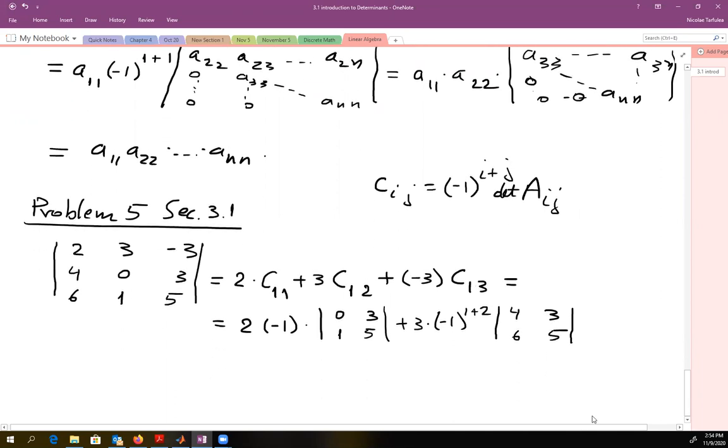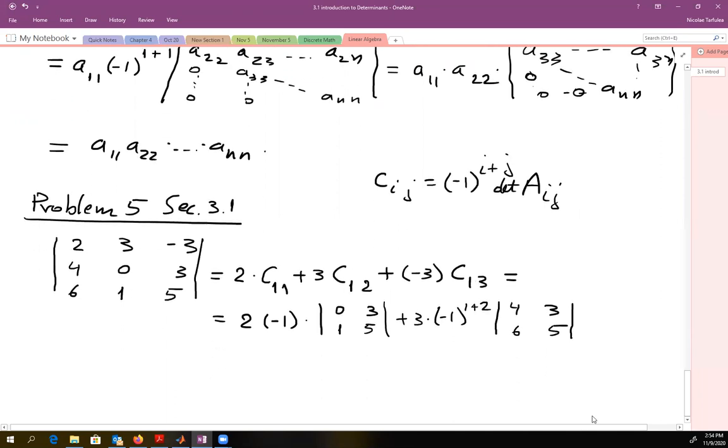And then finally plus negative 3, so I have one more, right? Plus negative 3, multiplied by the determinant of the matrix obtained by crossing out the first row and the last column: 4, 0, 6, 1.